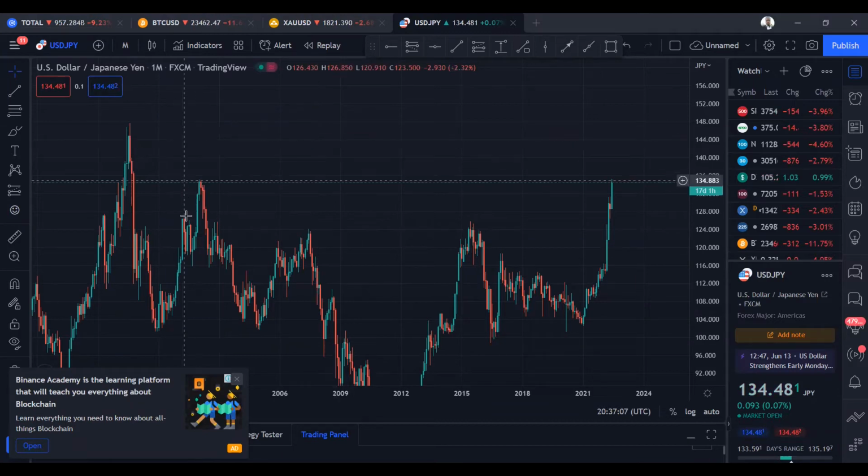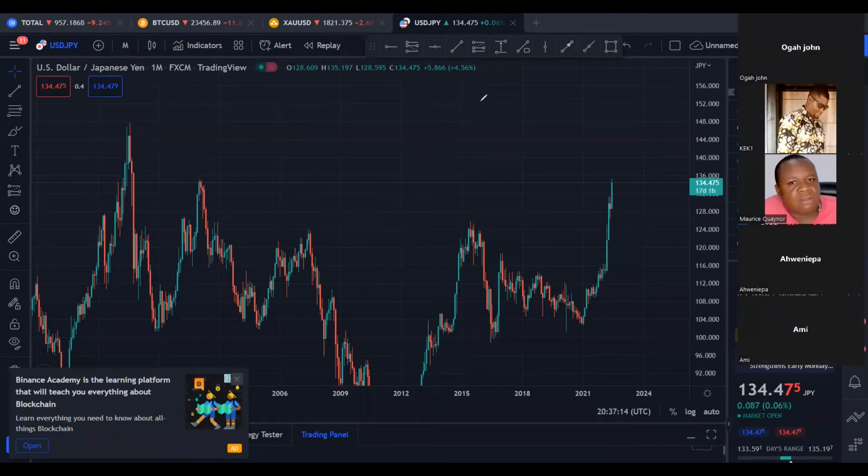Now look at how it moves here. Our point of concentration will be how it moves here. That's our first point of concentration.